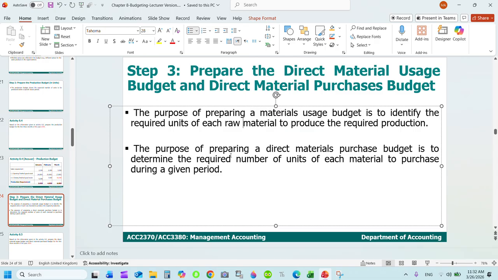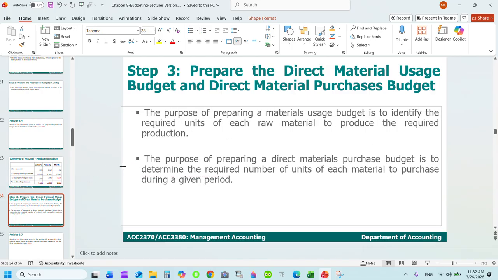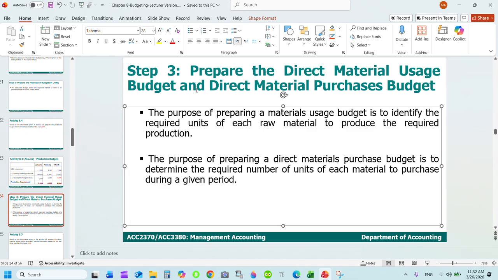The purpose of preparing the direct material purchase budget is to determine the required number of units of each material to purchase, right? So these are the general explanation. So now we will prepare the material usage budget and material purchase budget.